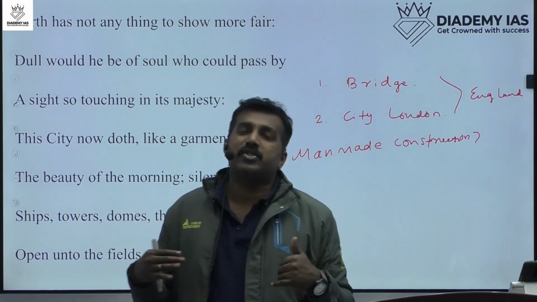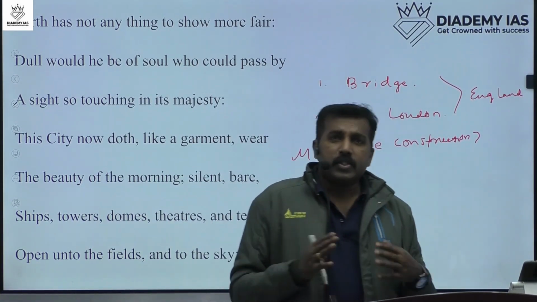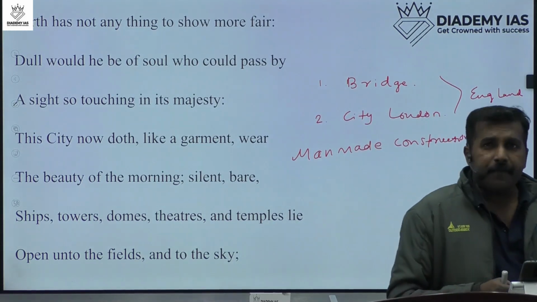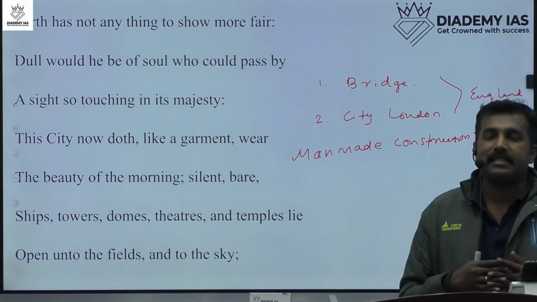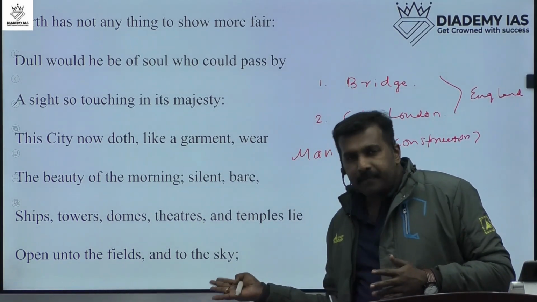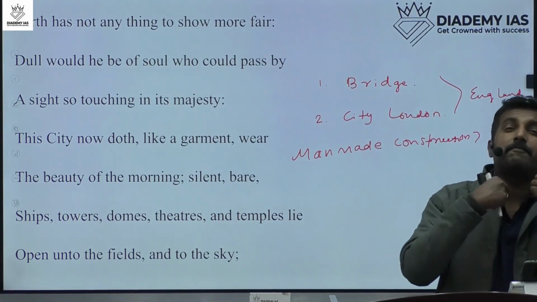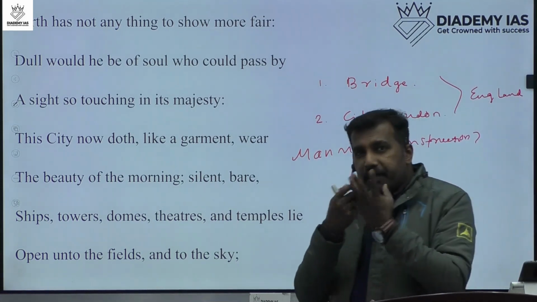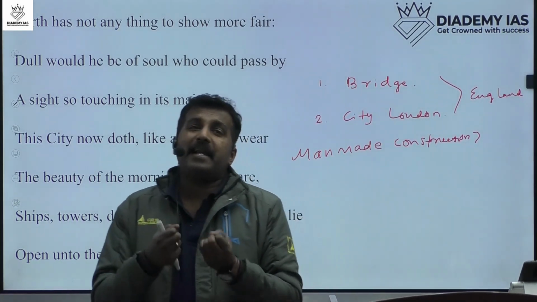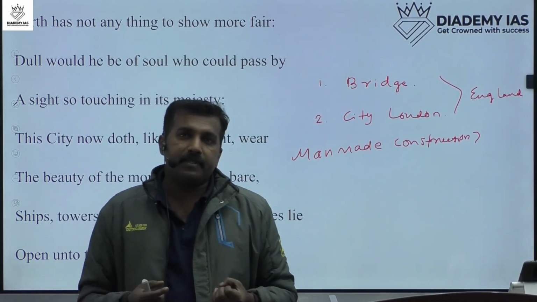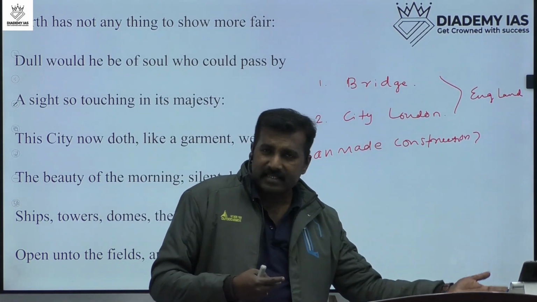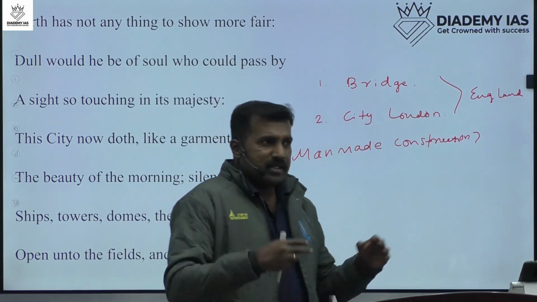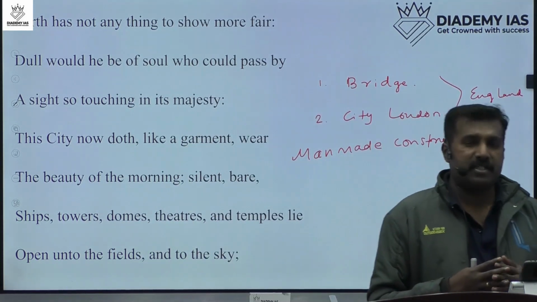They are natural. Correct? So in this poem, Wordsworth explains about the beauty of man-made objects, specifically bridges, buildings, etc. This is the theme of this poem.